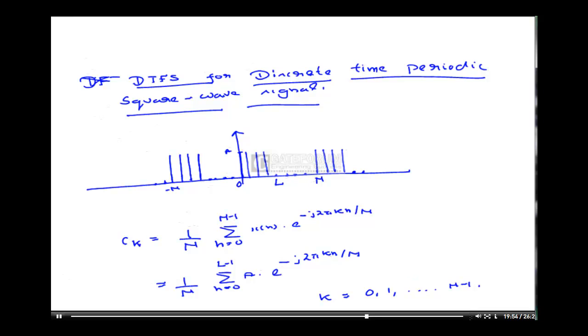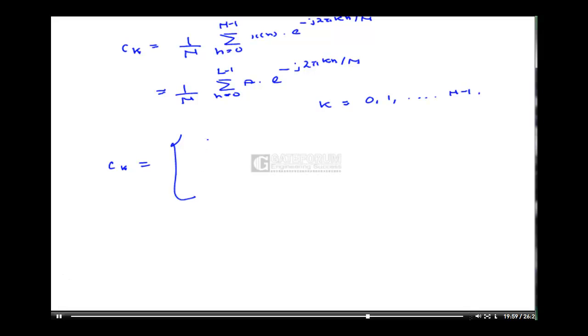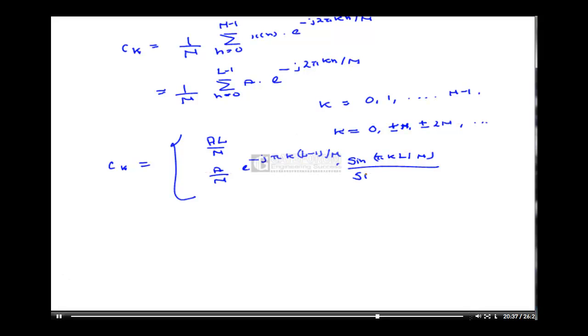Then solving this, I can write my Ck is equal to AL by N for k equal to 0, plus or minus N, plus or minus 2N, and it is equal to A by N e to the power minus j pi k (L minus 1) by N times sin pi k L by N by sin pi k by N for other values of k.